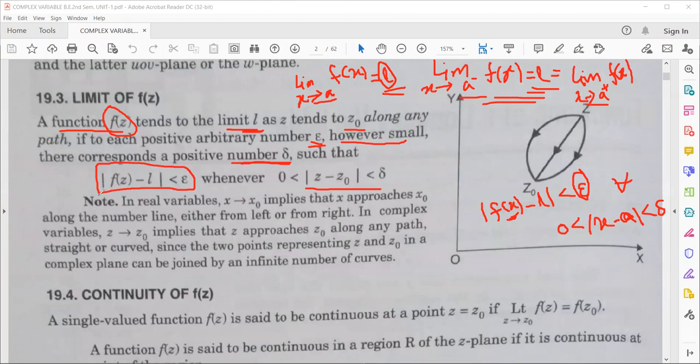So here also, the same thing. If this condition is true, but this condition is not true, then you can't say that the limit will exist. The limit will only exist if this condition together with this condition also holds. Then only you can say that the limit of a function will exist.